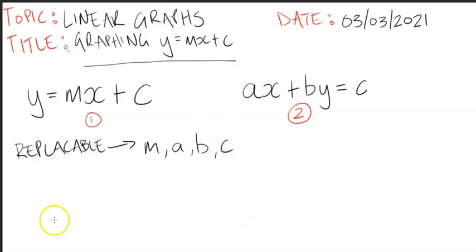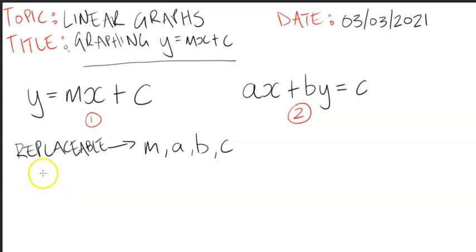These are replaceable. Made a little bit of a typo. There is an e in replaceable, of course. So m, a, b, and c. These letters, actually, I'm going to call them letters in this case because y and x are variables, will be replaced with numbers to get a standard equation.